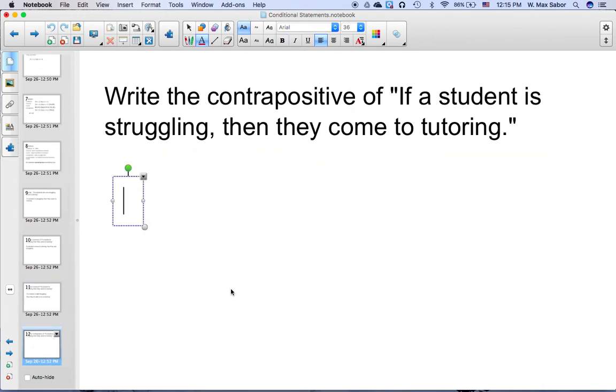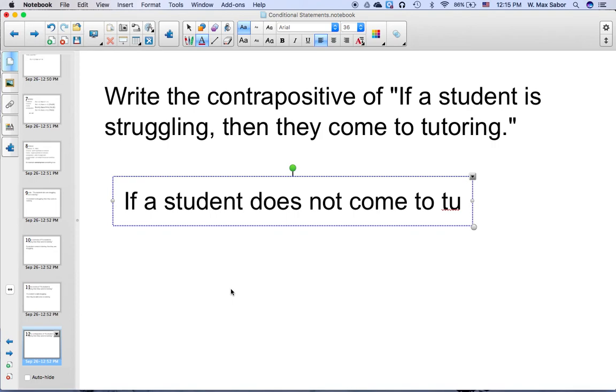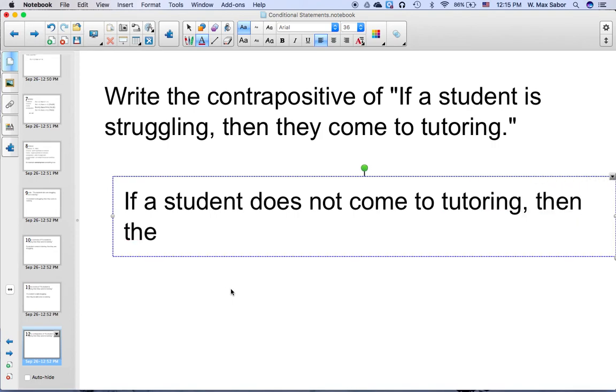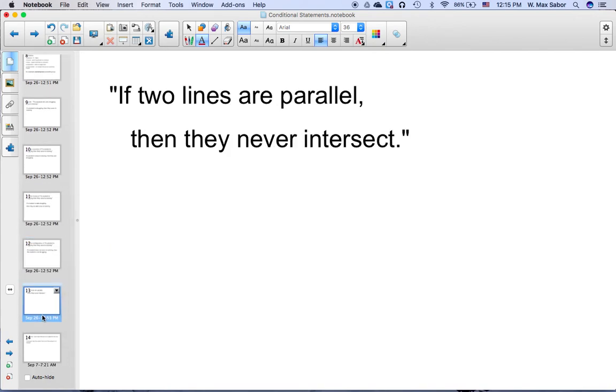The contrapositive is to switch both. So if a student does not come to tutoring, then the student is not struggling. There we go. So that's the contrapositive. This comes up in geometry with statements like, if two lines are parallel, then they never intersect.